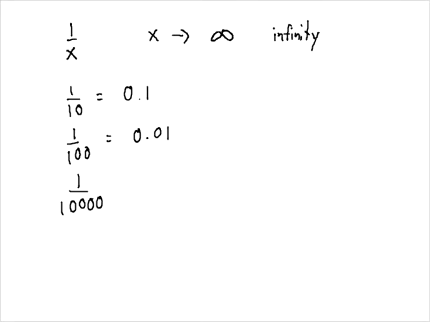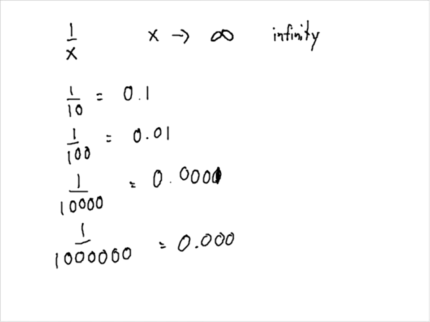Well, let's make it even bigger. 1 over 10,000. That's going to be 0.0001. Let's make it 1 over a million. That's going to make it 0.000001.